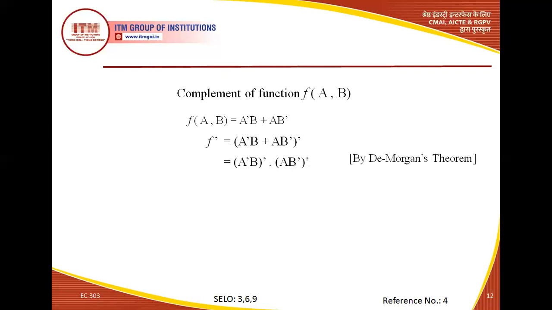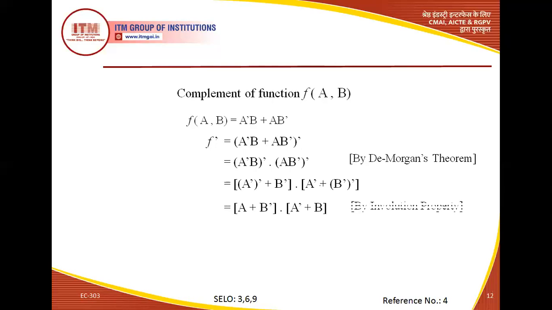Now again apply De Morgan's theorem. So it will be (a dash dash plus b dash) dot (a dash plus b dash dash). Now we apply the involution law, so a dash dash equals a, giving (a plus b dash) and (a dash plus b), which is equivalent to the dual of the given function, and it can also be written as ab plus a dash b dash.